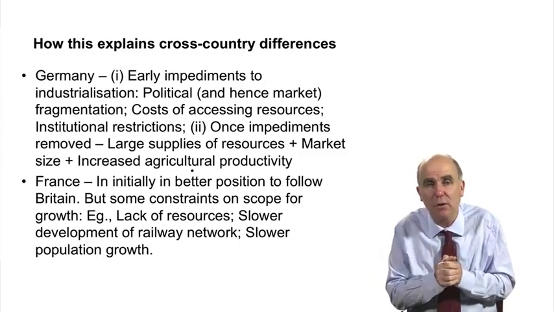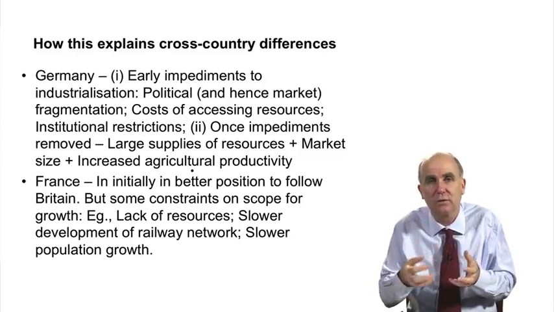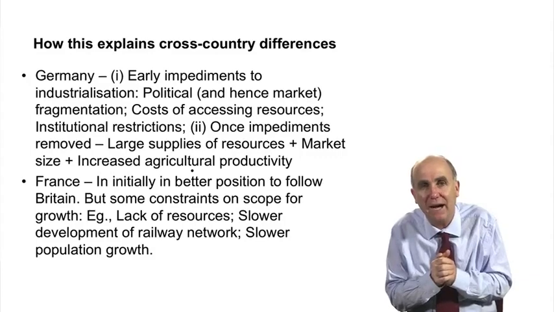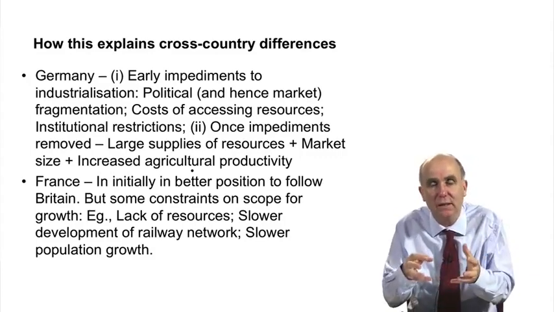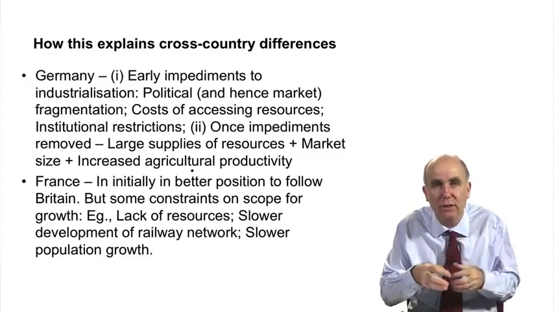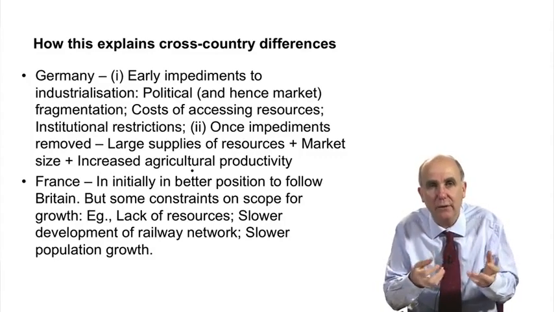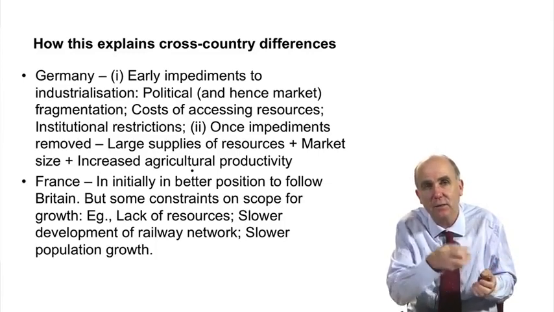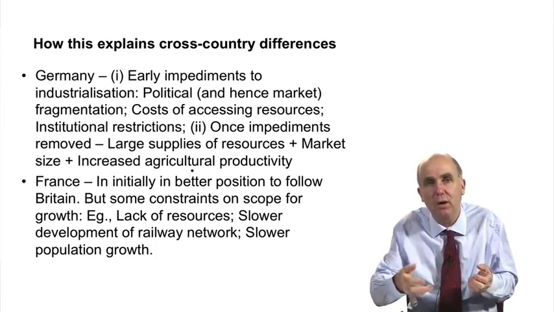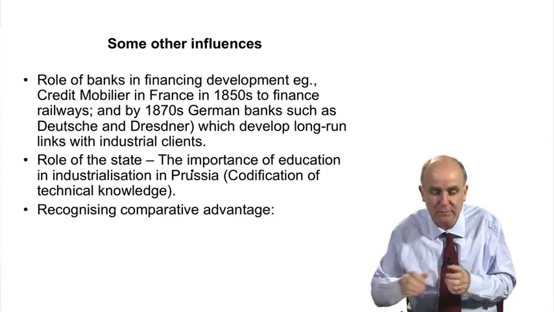And so that causes slower population growth, which also acts against increase in market size. So you wouldn't want to think that the explanatory framework could explain every difference between countries, but there's an extent to which we can take those familiar factors and apply them to also understand why there were differences between countries.